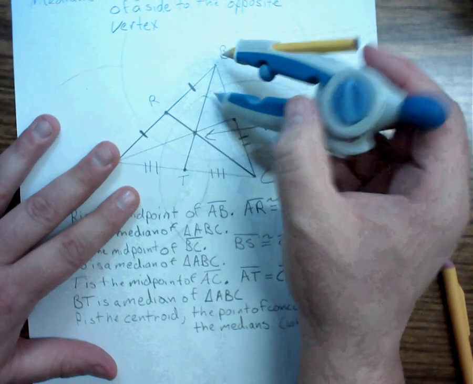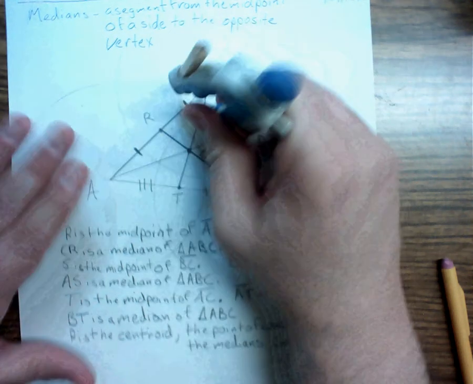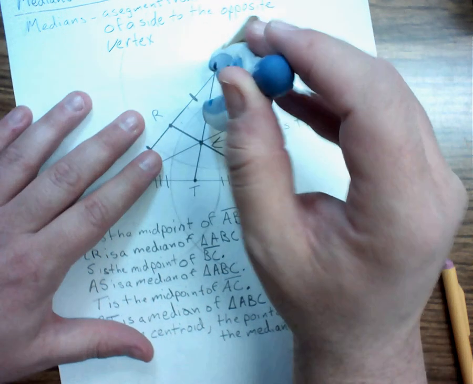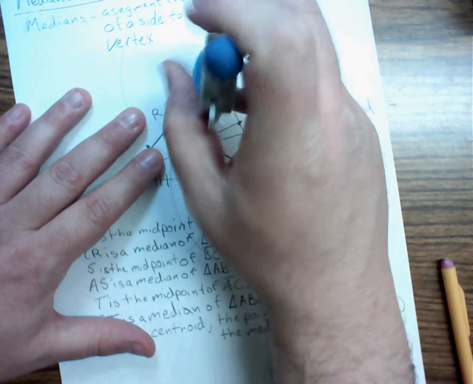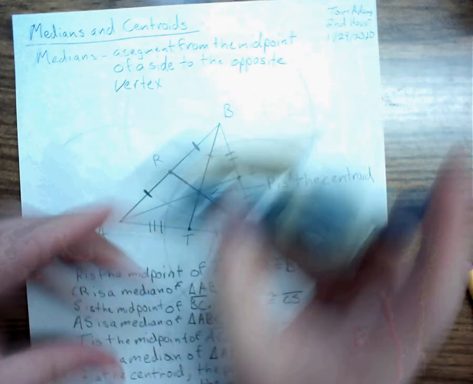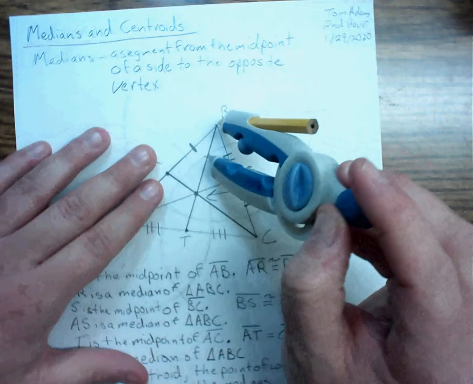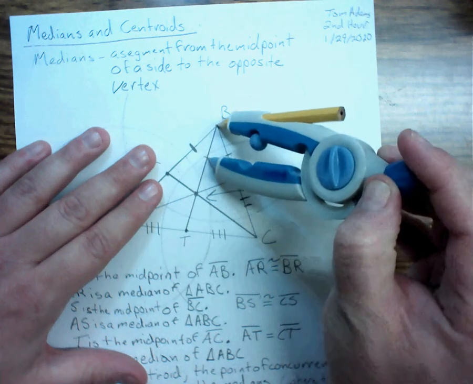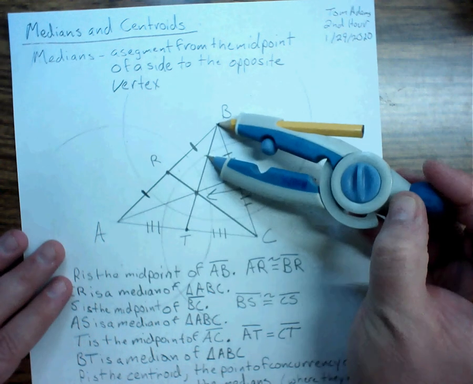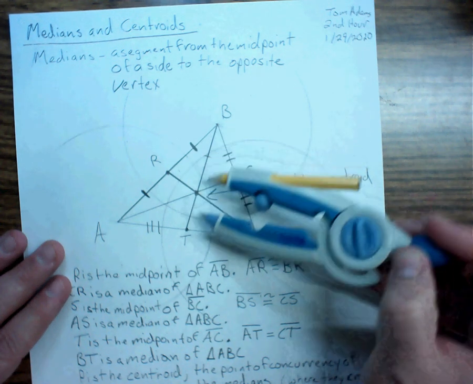If I take my pointer and put it on that little mark where it intersects, I've got to dig it in a little bit. If I put it right there, it comes to B. If you do it right, it should come to B. So if I hold this right here, see how that measures to B? This measurement is the same as this measurement is the same as this measurement.